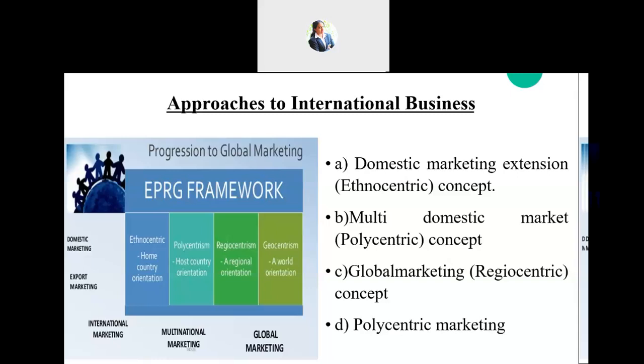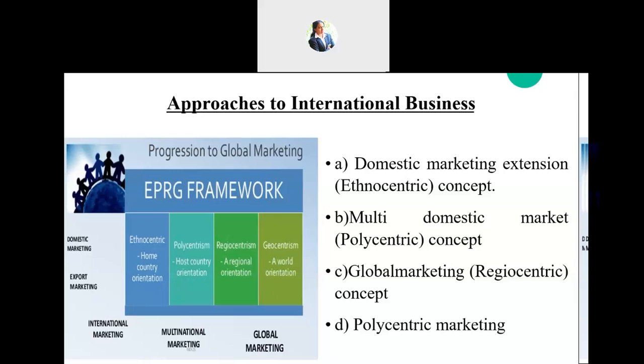Now, this global strategy that they take is fully responsive to the needs and wants of the local customer, and thereby it encourages global marketing.